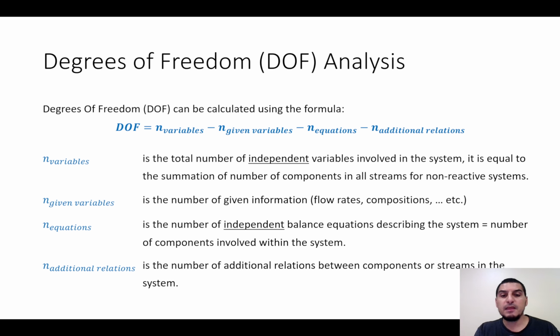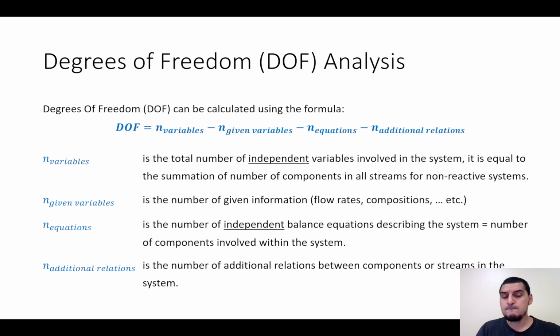And finally, the additional relation, which is something we covered in the previous video, and we said that it is a relation that we have between two variables, and it's an extra equation that we can use to help solve the problem. So it's as simple as putting the four numbers and doing the math, which is subtracting the three numbers from the first one.